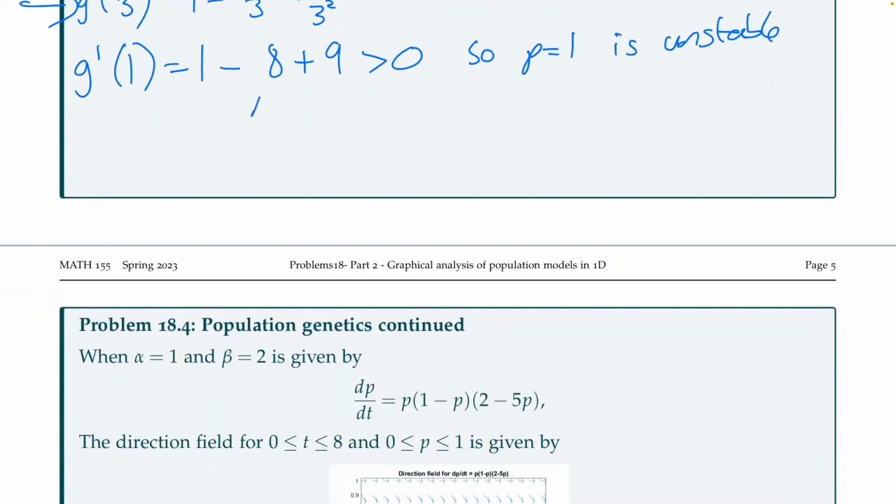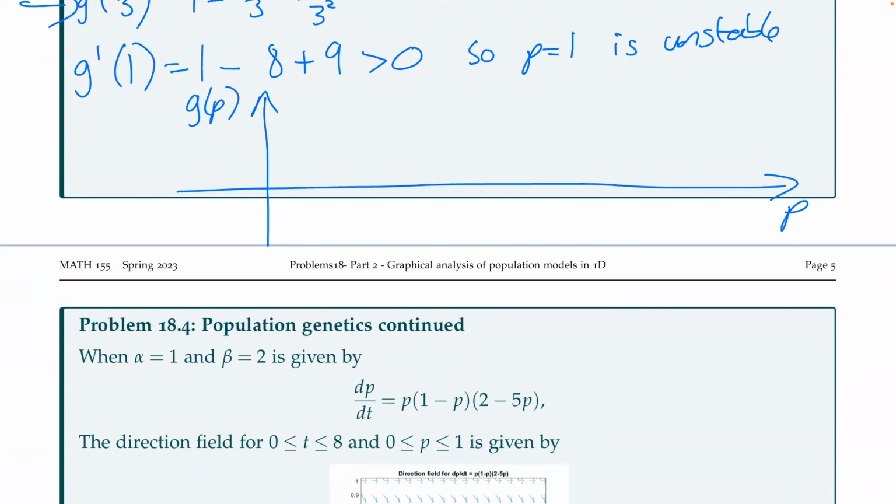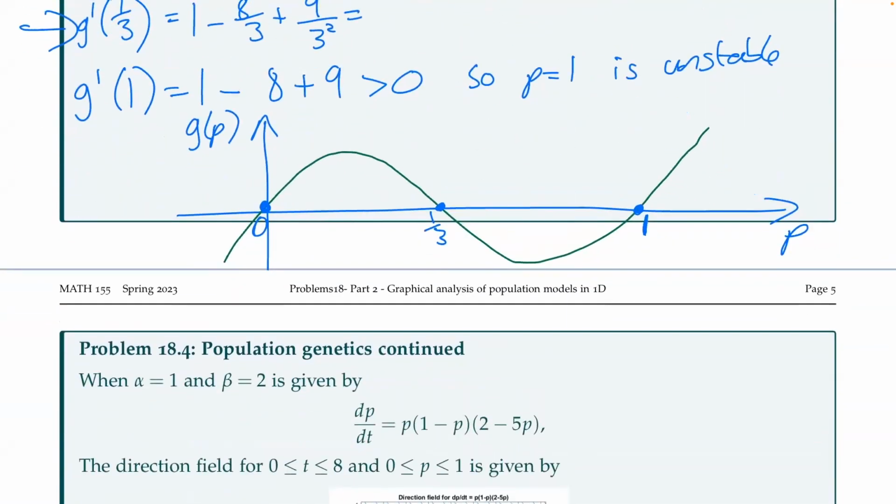Okay. So what does this actually look like? If we plot our p versus our g of p, this is just like our Allee effect above, but now with everything flipped around. So we actually have g of p as a cubic, and we know that it crosses the axis at 0, a third, and 1. And we knew from the first one, when we looked at g prime of 0, that was unstable.